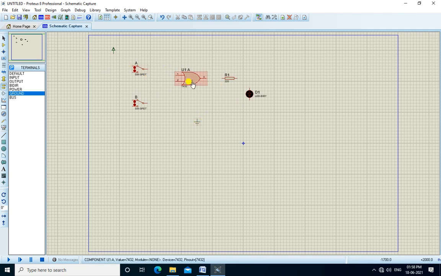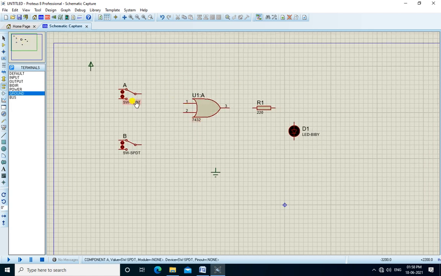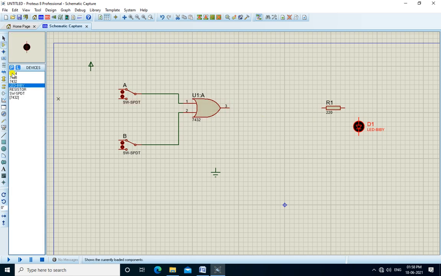Okay, so now we connect the circuit. A is connected to pin number 1 of the OR gate, B is connected to pin number 2 of the OR gate. We need one more NOT gate here. This is 7404.